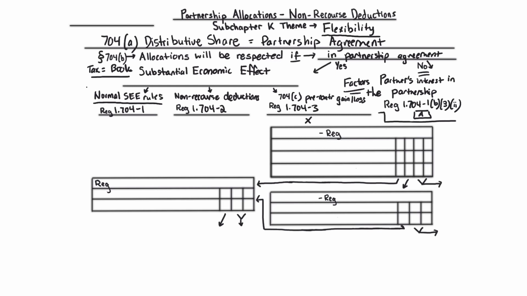So non-recourse deductions. Now, you'll notice I have not said we're not going to talk about normal SEE rules, because it's integral to that. Again, if you haven't watched that yet, please stop the video and go back and watch it. It's a separate video. It goes through that analysis of when an allocation under the normal SEE rules will be respected under the safe harbors. We're focusing on non-recourse deductions.